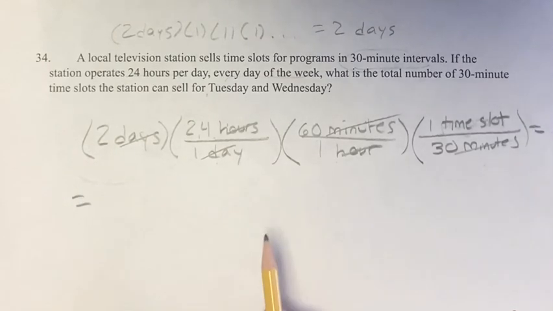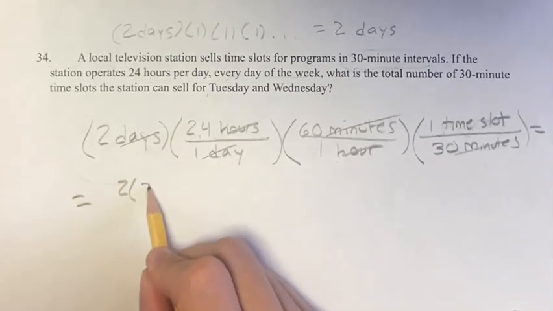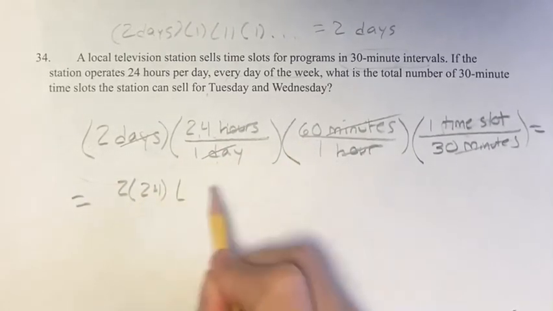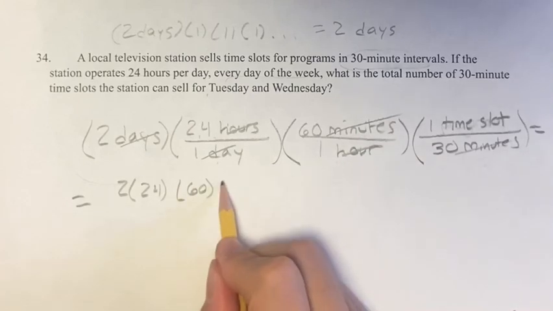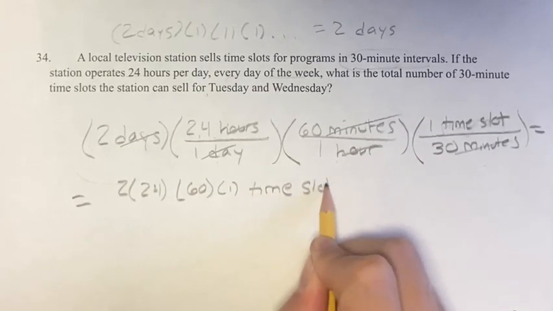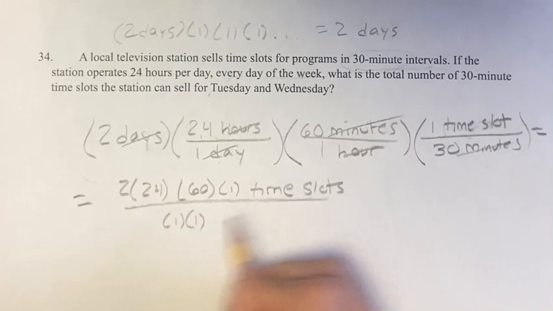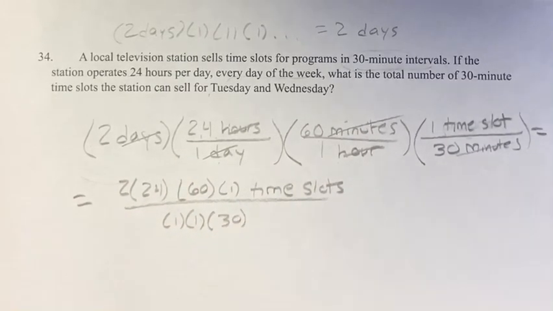So we are left with 2 times 24 times 60 times 1 time slot over 1 times 1 times 30.